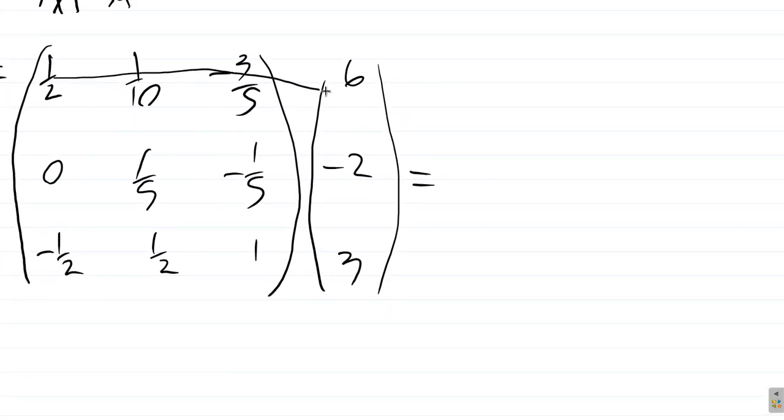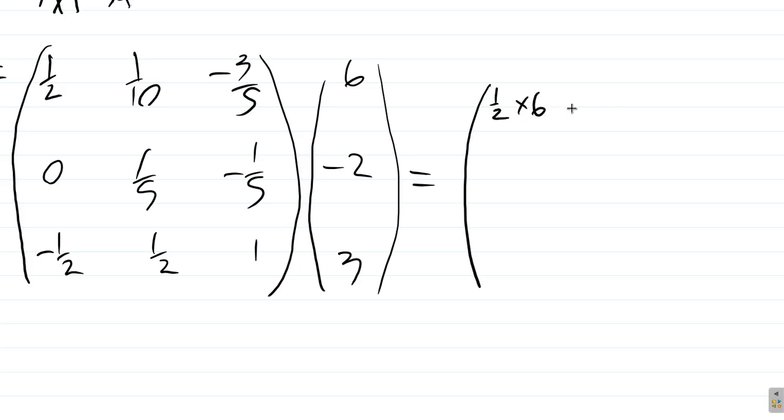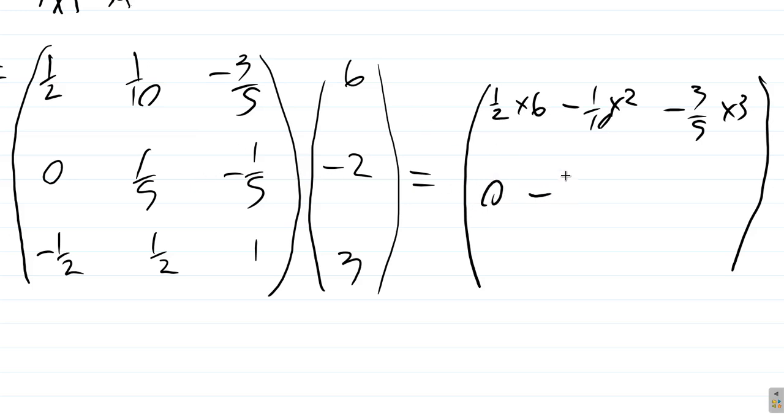It's going to be half by 6 plus 1/10 by negative 2 plus negative 3/5 by 3. Alright, row by column. So half by 6, minus 1/10 by 2, minus 3/5 by 3. That would come up here. Down here is 0 by 6, which is 0, minus 2 by 1/5, or 2 over 5.